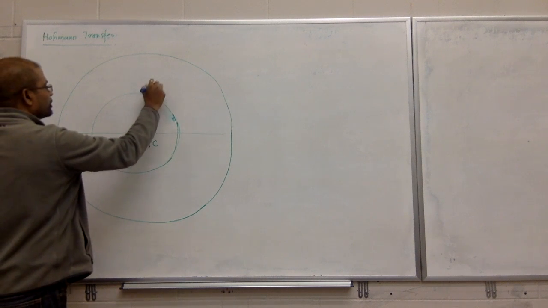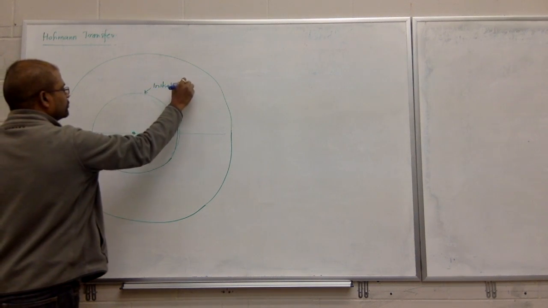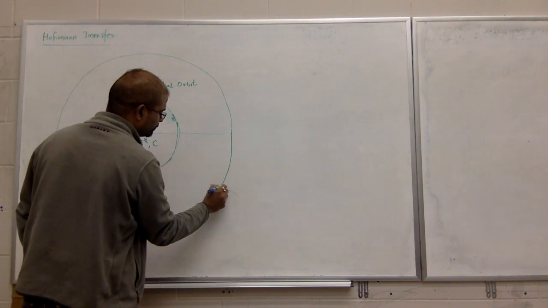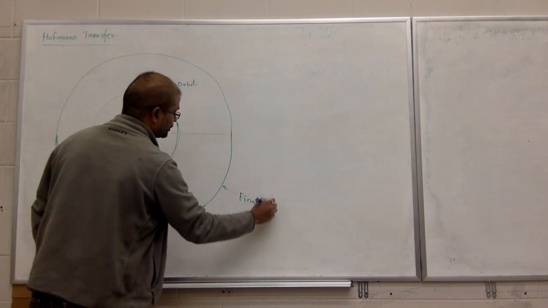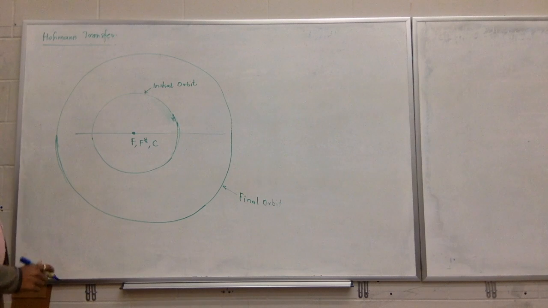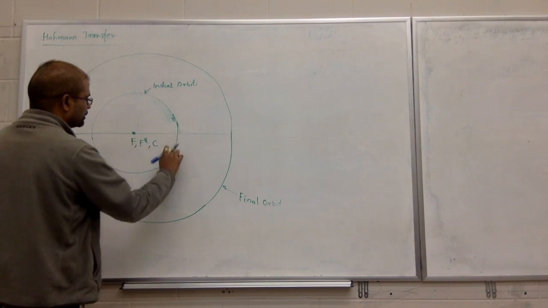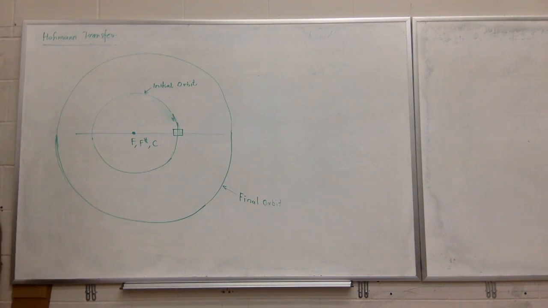This is the initial orbit. And this is the final orbit. Alright? And your satellite is orbiting here. It's at, let's say, this position. This is the perigee position, right?